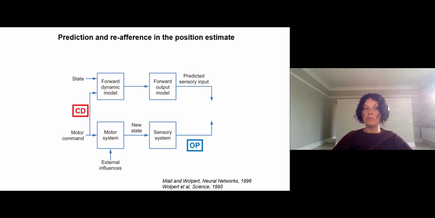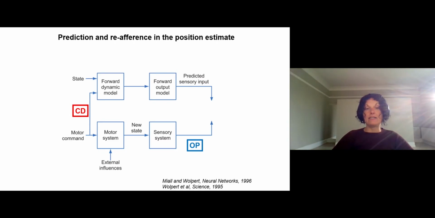An ocular motor command is issued by the brain, and a copy of this motor command, called corollary discharge, is run through a forward model, which is essentially a simulation that estimates where the eye will end up after the movement. Corollary discharge is a prediction, and because it is a prediction, it is available before the eye has moved.